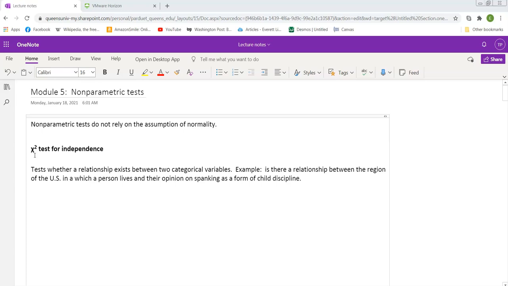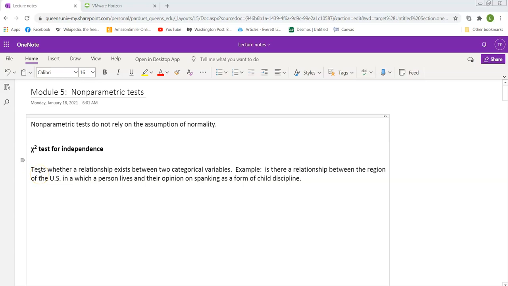So don't call it X squared, and also don't call it chi squared. This letter is sometimes written CHI, but that's chi, not chi. So this is the chi-square test for independence.